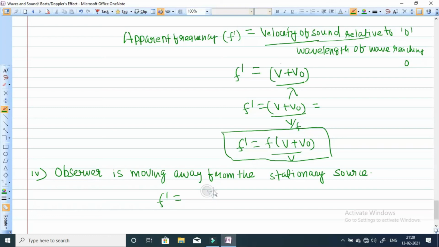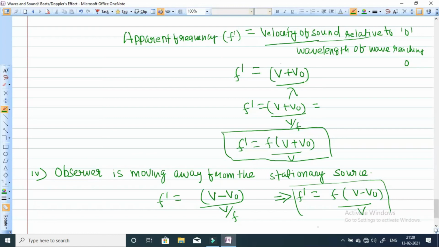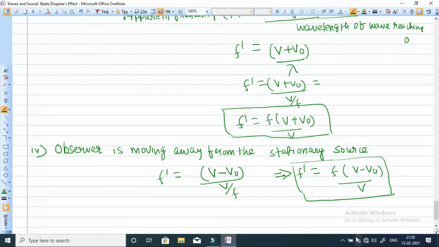It will be minus sign, that will be equal to v minus v naught divided by wavelength. Wavelength is equal to v by f. So this equation will be modified as f dash will be equal to f into v minus v naught divided by v. This is the apparent frequency f dash, and f is the actual frequency, v is the speed of wave, and v naught is the speed of the observer. So this is the case. These are the four cases. Now we can combine all these cases.